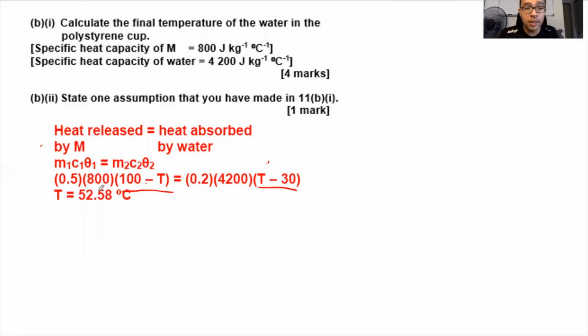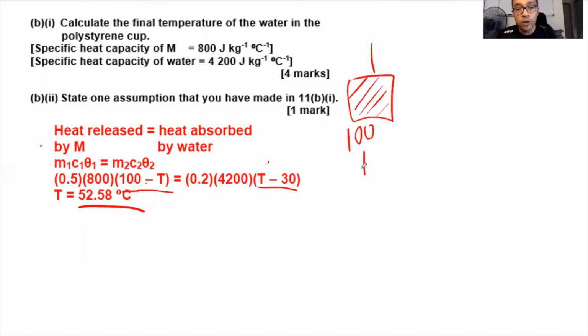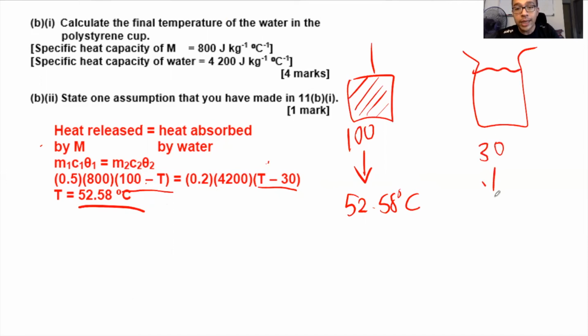And you will calculate and get the answer T equals 52.58 degrees Celsius. Meaning that this block is going to cool down from 100 until it becomes 52.58 degrees Celsius. The water, when you put the block in, is going to increase from 30 to 52.58.